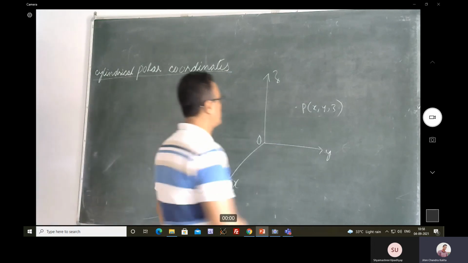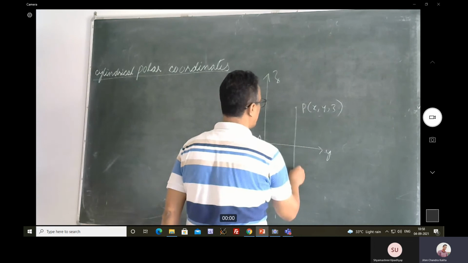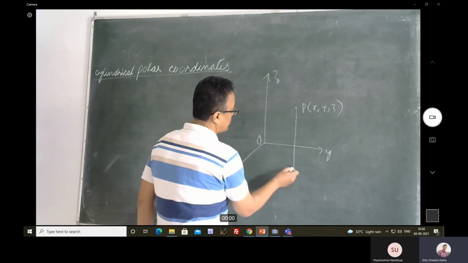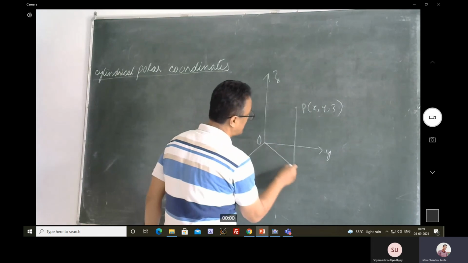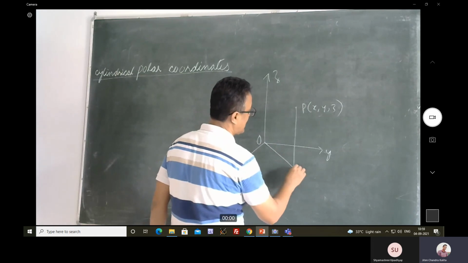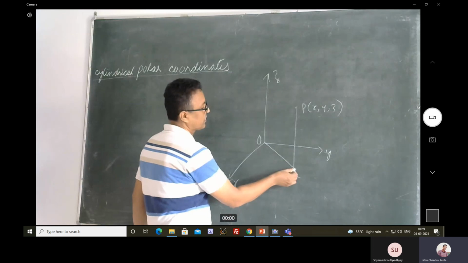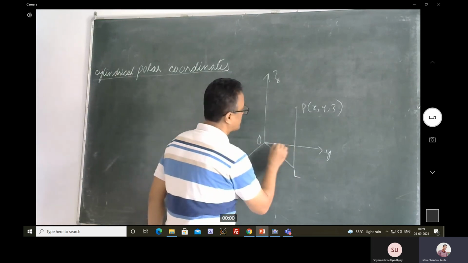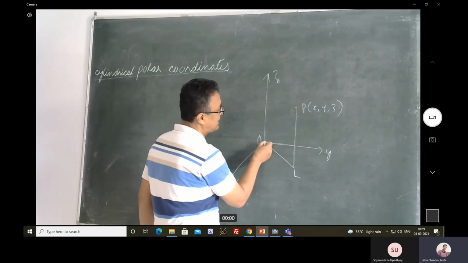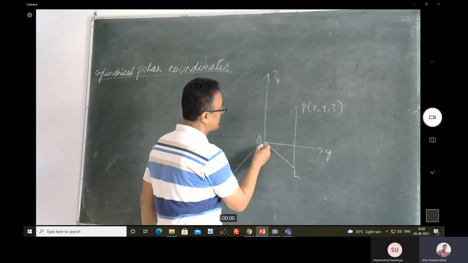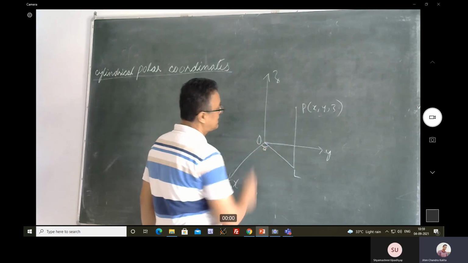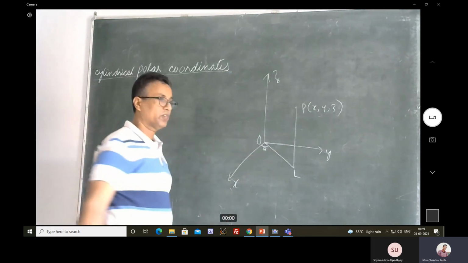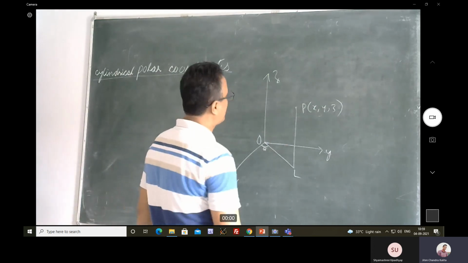For that, we draw a perpendicular to the xy plane from the point, and then join the foot of the perpendicular, say L, to the origin. Suppose the line joining the origin to the foot of the perpendicular makes an angle theta with the x-axis.